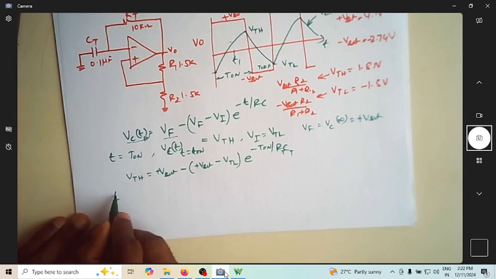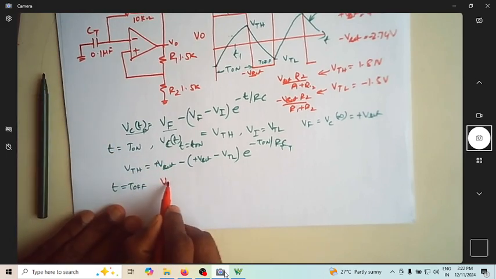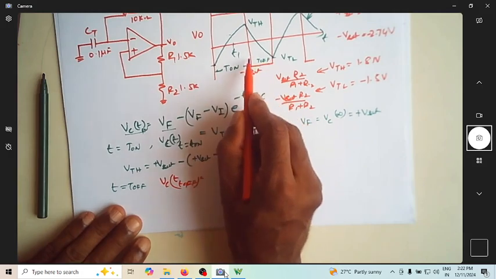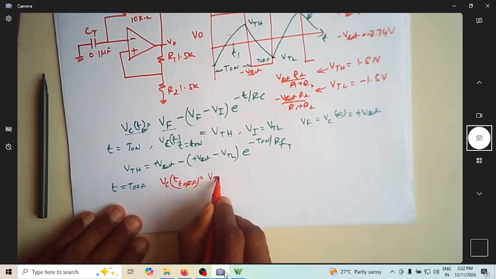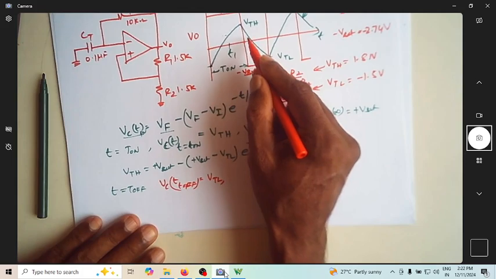Similarly, for t equal to T off, what will this equation go to? VC of t at t equal to T off. At t equal to T off, what is the voltage? The voltage is VTL. What is the V final voltage during this time?